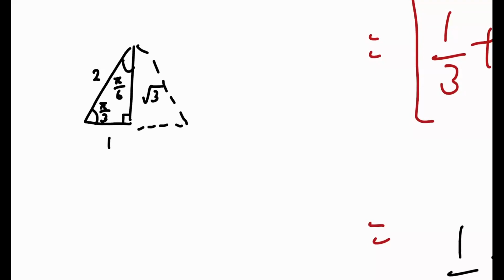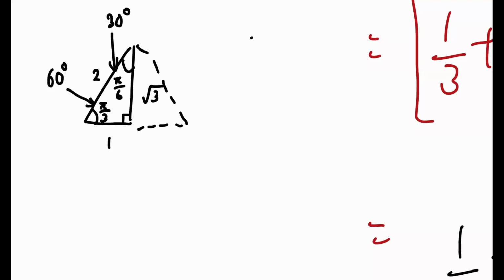From there you can find sine, cosine, tangent of 30 degrees, and likewise for 60 degrees. What's the missing angle between 30 and 60? 45 degrees.